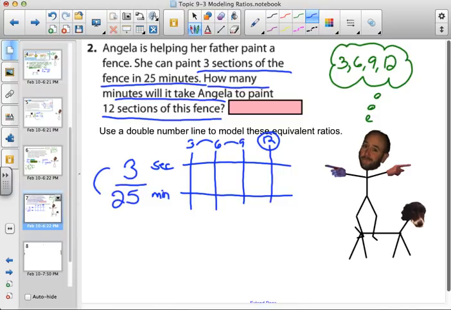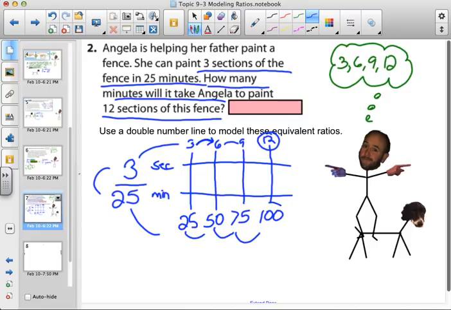Now, our ratio tells us that for 3 sections it takes 25 minutes. So that means for every increase of 3 sections, we have to increase by 25. So we'll have 50 here, increase another 25, get 75, increase here, and we get 100.